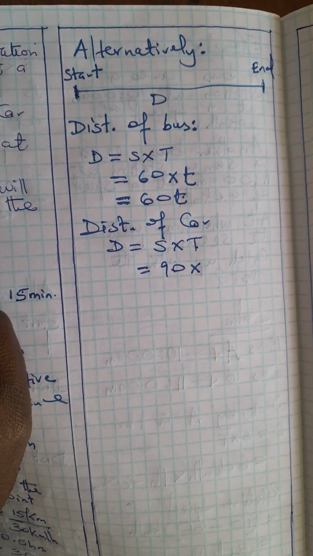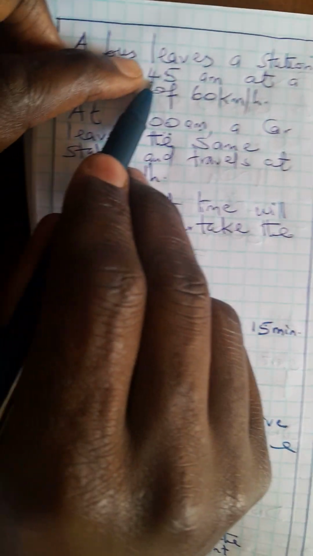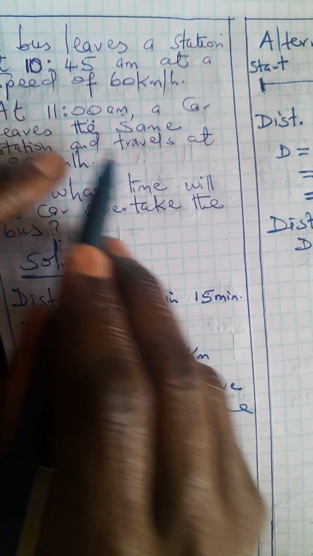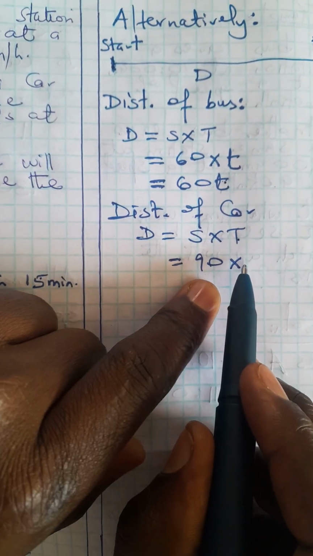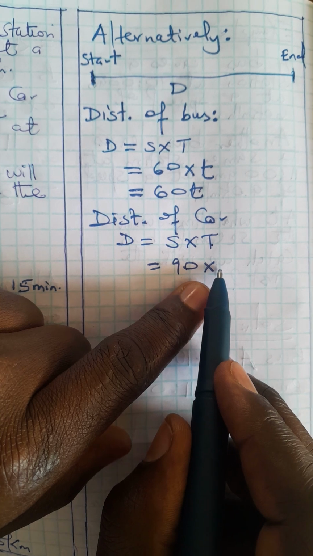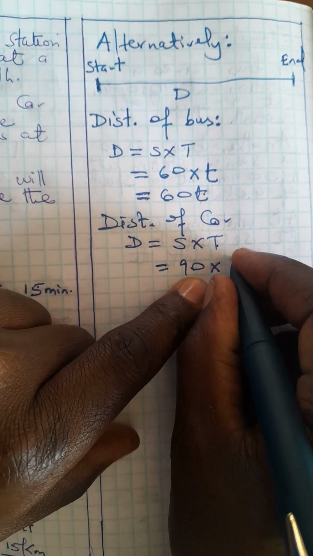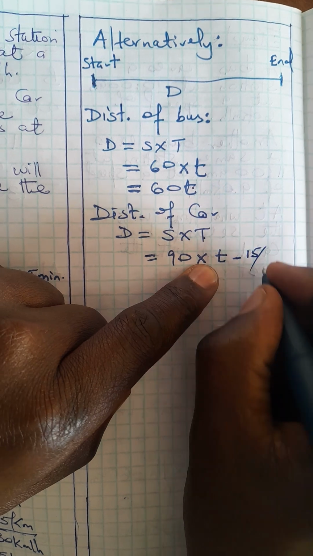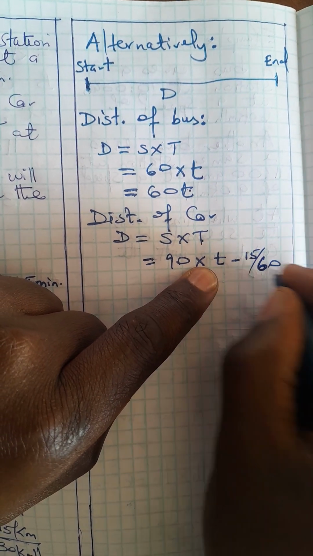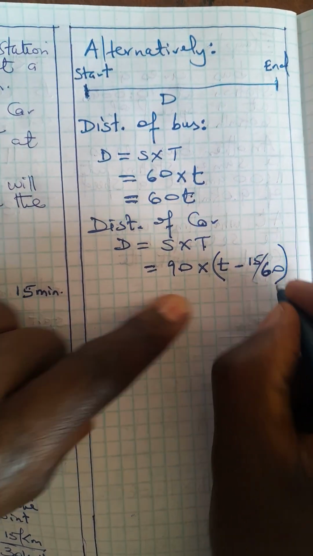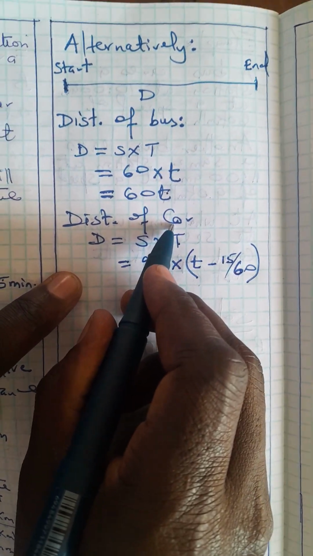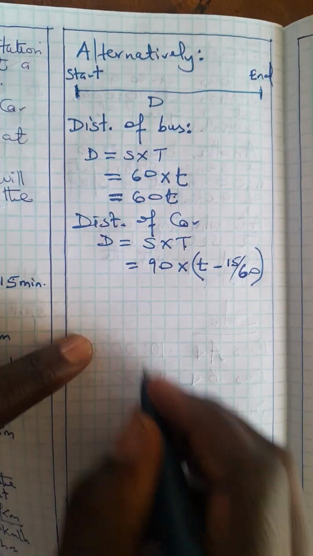The bus begins the journey 15 minutes earlier than the car, so the car will take 15 minutes less. So you take t minus 15 over 60. The car will take less time because it's traveling very fast to catch up with the bus.